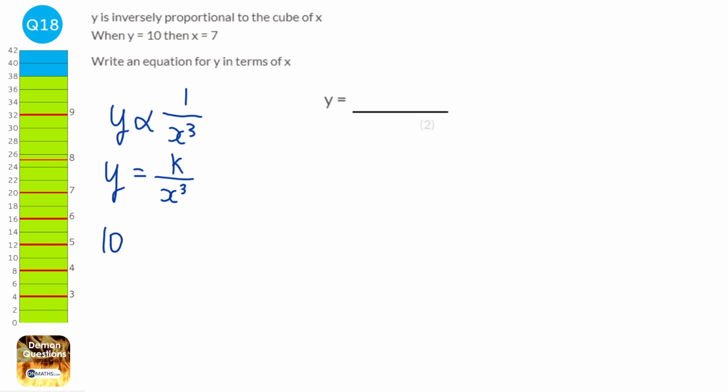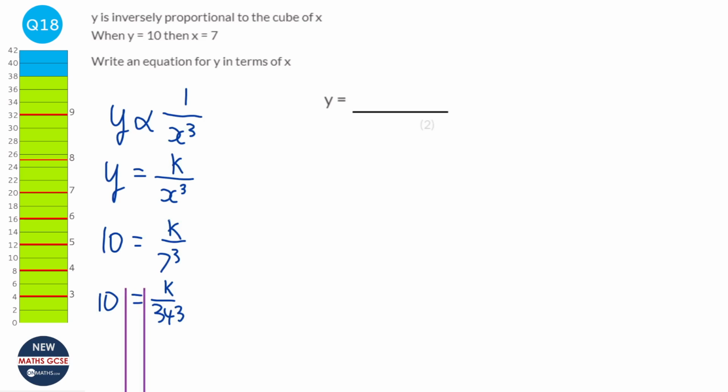So it's going to be 10 equals k over 7 cubed, or 10 equals k over 343. And then we're going to multiply both sides by the 343, to find out what k is.